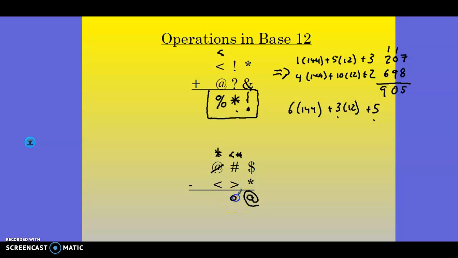That's another at symbol. And then the 3 minus 1 is 2, and 2 is the and symbol. And again, you could convert, subtract, and convert it back if you wanted. So that's subtraction. Just remember you're borrowing 12 if you have to borrow.